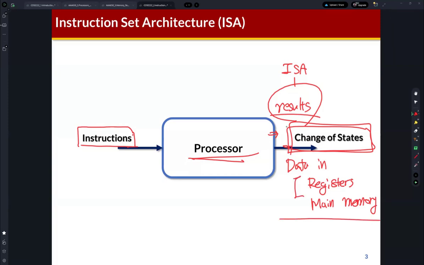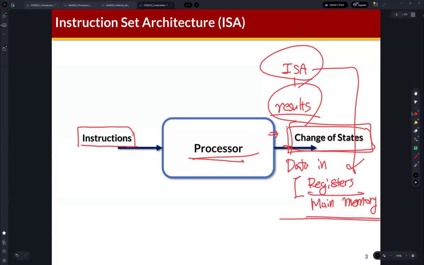So the instruction set architecture just focuses on data in registers and main memory. Even though a CPU includes many different types of memory components, the instruction set architecture just defines the result, the change of data in registers and main memory.